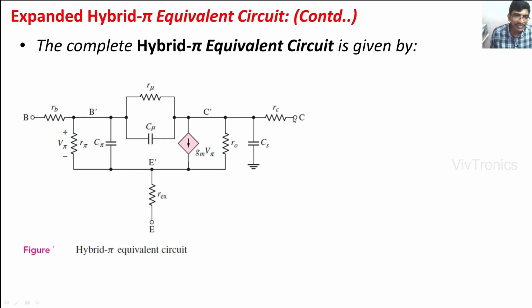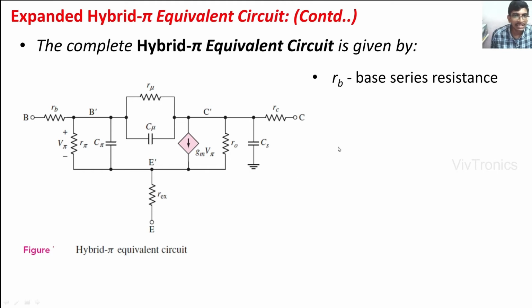From the collector terminal to the internal collector terminal we have RC, and CS is in parallel with the output, and R naught and gm V pi are connected between the internal collector to the internal emitter terminals, and there are R mu and C mu, reverse bias diffusion resistance and reverse bias junction capacitance, which were connected between the internal collector to the internal base terminals.